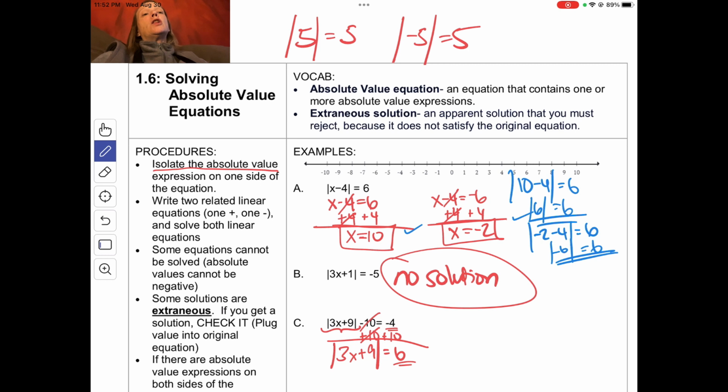So looking to solve this, I can now approach this the same way that I approached question A. I can set my absolute value expression equal to the positive 6 and set up an equivalent expression equal to negative 6. So let's do that now.